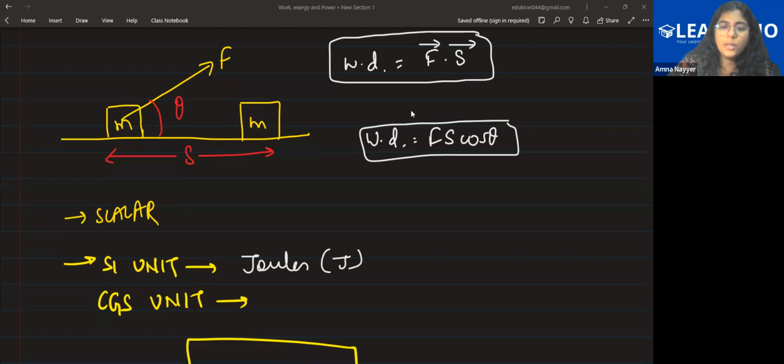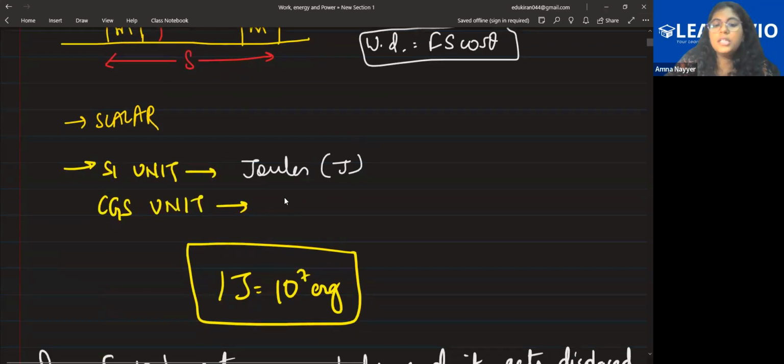SI unit you have told, tell us the CGS unit also. Dyne, is it dyne? It's what? 1 joule is equal to dash ergs. Very good, not dyne. Dyne is for force. Correct. So 1 joule is equal to 10 to the power 7 ergs.